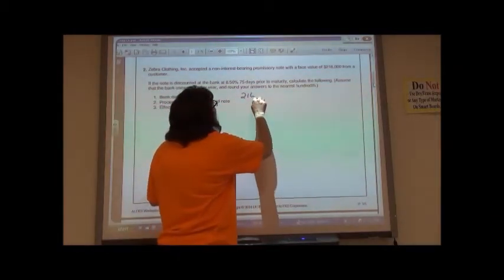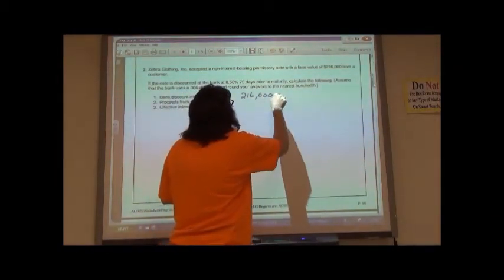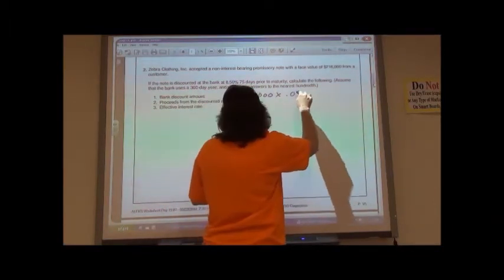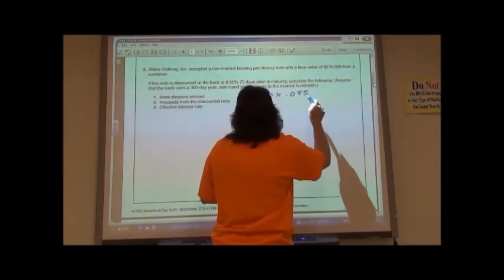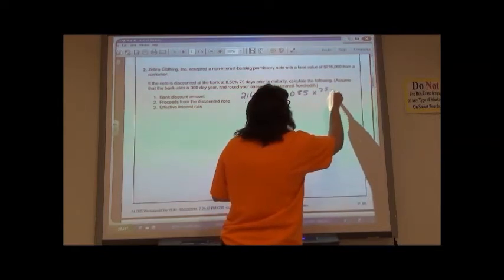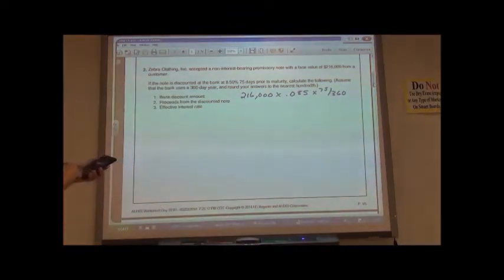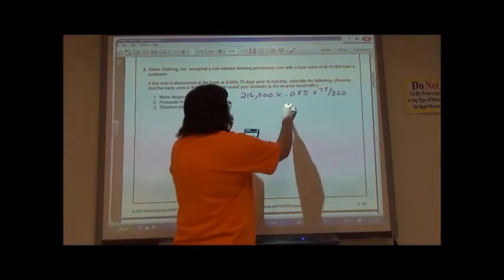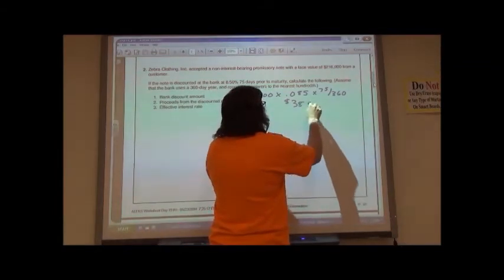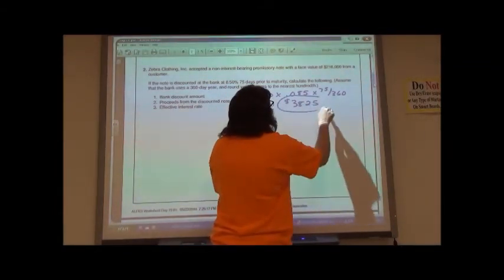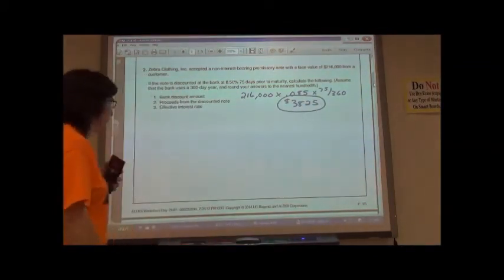So the face value, $216,000, the interest rate, so 0.085 times 75 over 360. So 216,000 times 0.085 times 75 divided by 360 gives me $3,825 for the discounted amount.